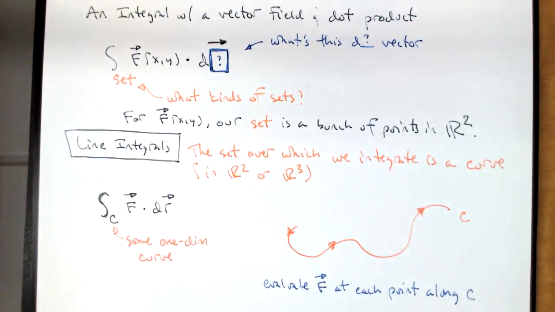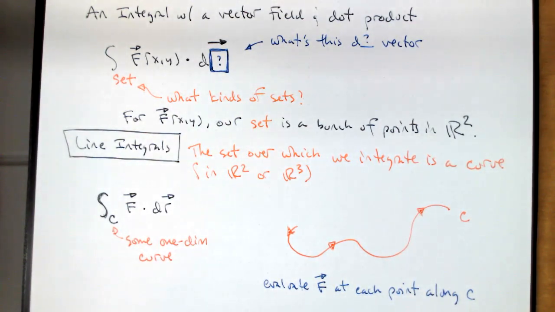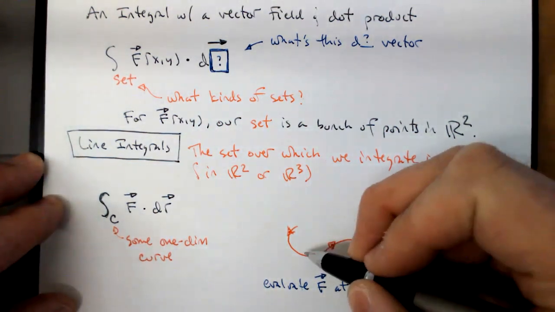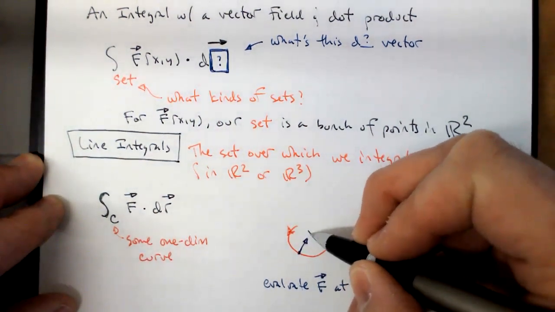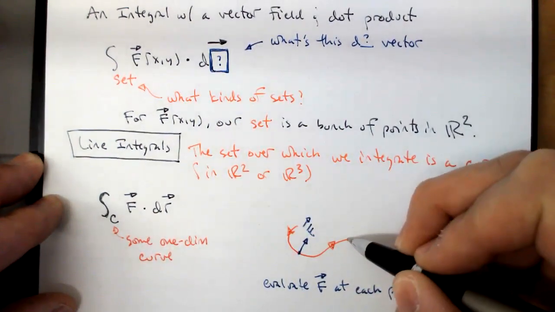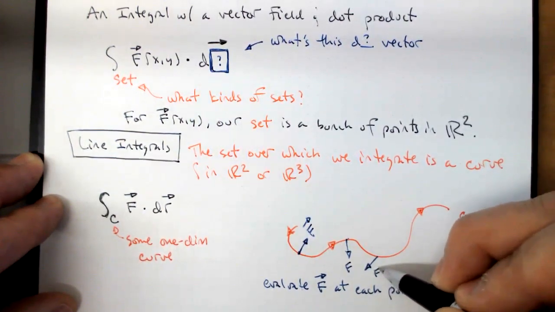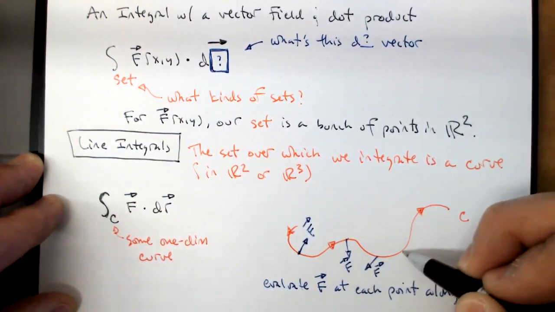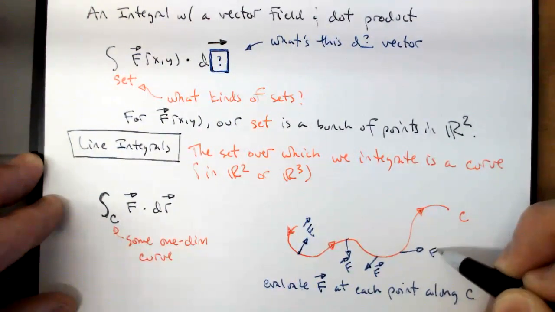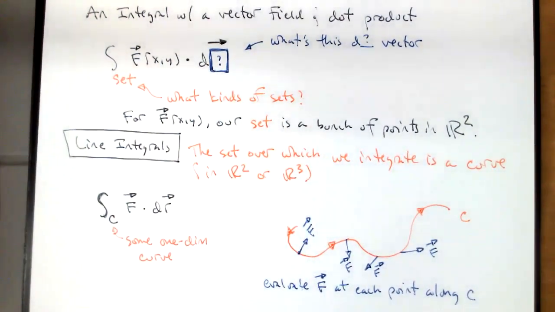I've defined a set that we're plugging in. We evaluate the vector field at each of those points to find out what that vector is. So at each of these points along C, there's going to be a vector from the vector field.